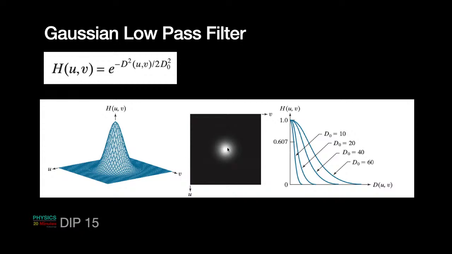There it was bright and then suddenly zero. Here it will vary smoothly. The line is no longer vertical, it has a slope. The slope is decided by the value of D0, how many pixels you choose from the center. D0 is the distance from the center. So that is how a Gaussian low pass filter is designed.